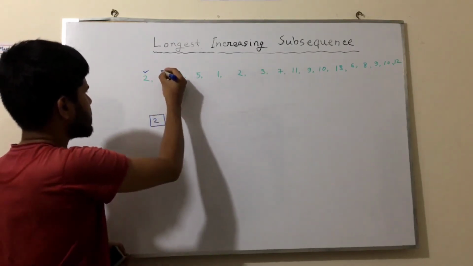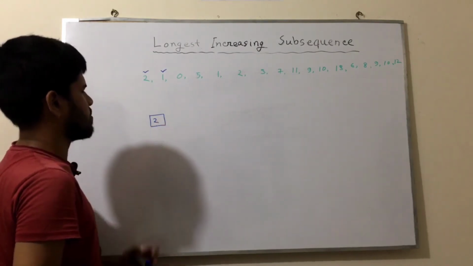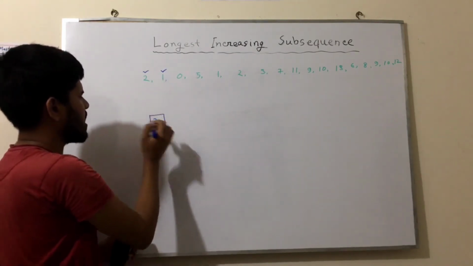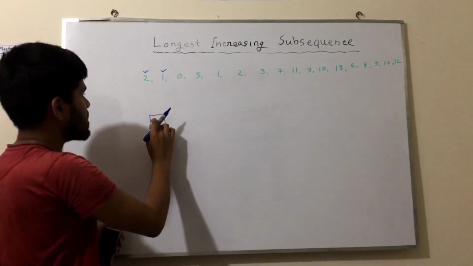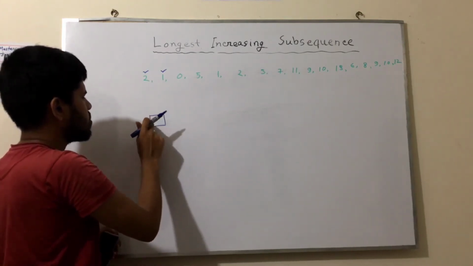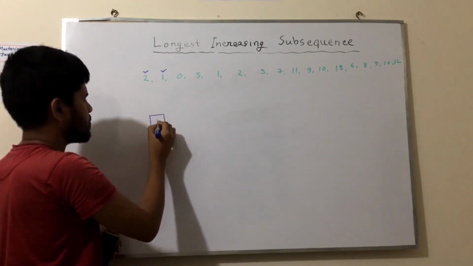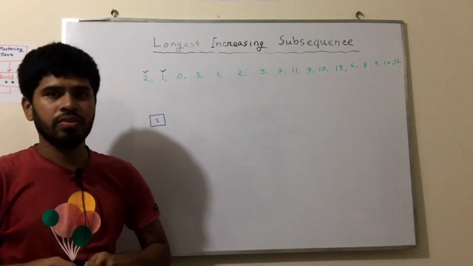Now our current element is 1. We see we cannot add 1 right here. 1 is not greater than the last element. So what I'm going to do is update the immediate next of 1, that is 2. Let's update this value with 1. Why are we updating this value with 1?